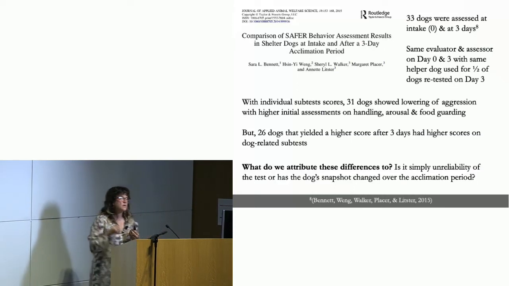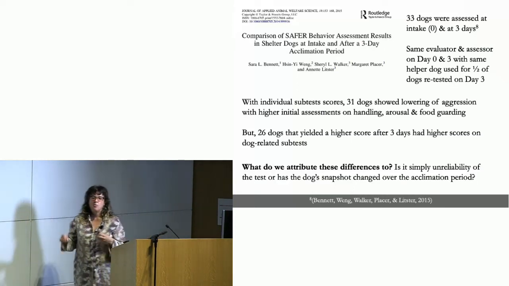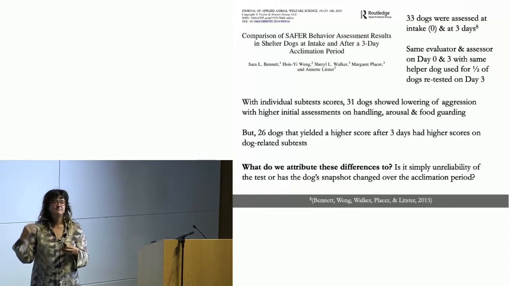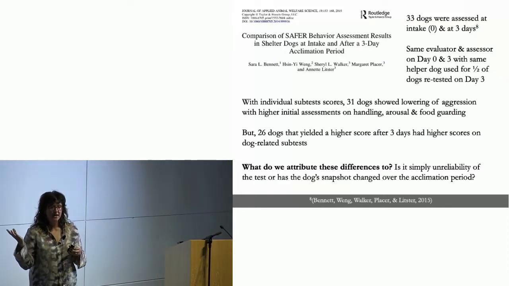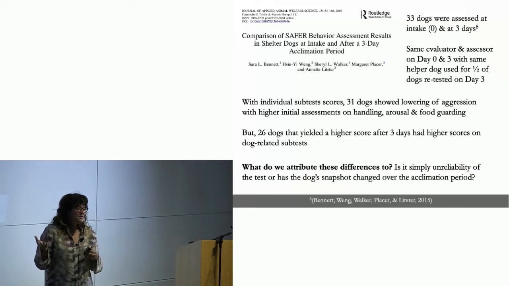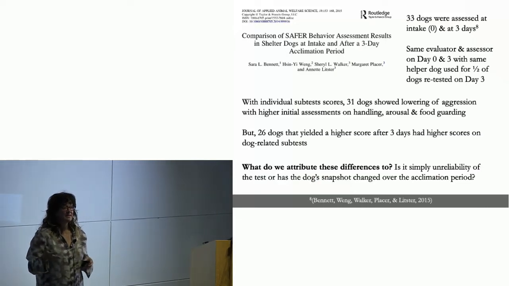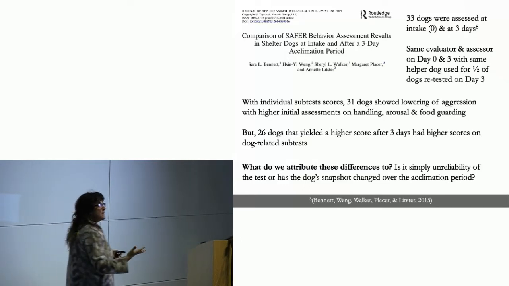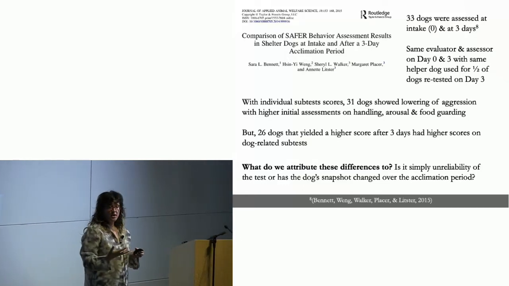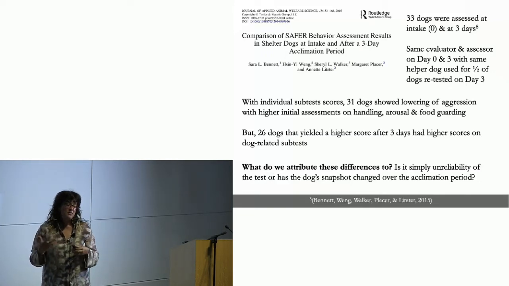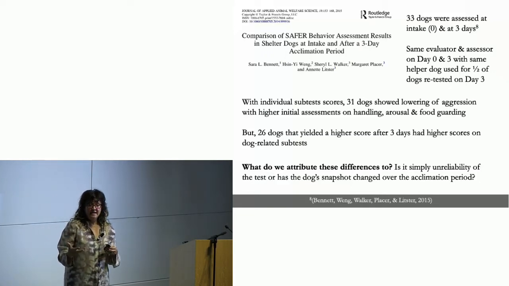But I think an interesting question here is, what can we attribute these differences to? Is it simply, hey, this SAFER test is unreliable? Or do we think that the behavior of the dogs is actually dynamic? Maybe how they're feeling on day 0, when they enter the shelter and are a bit overwhelmed by everything, is going to change once they settle in by day 3.